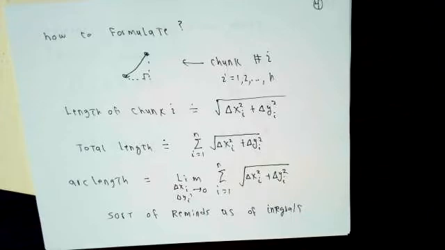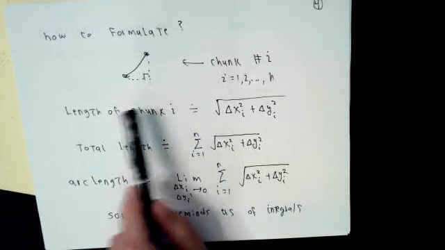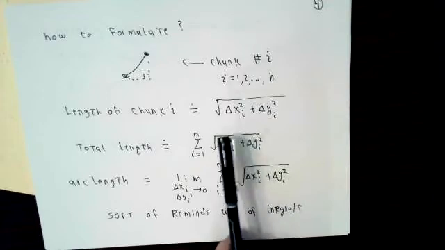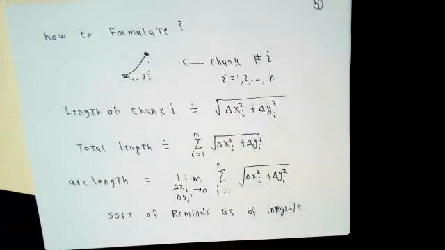So I'm going to follow the same generic setup that we've been following for integrals. I'm going to divide my curve up into n smaller chunks. I'm going to think about chunk number i. I'll call the horizontal displacement delta x i, the vertical displacement delta y i. The length of that chunk is, using the Pythagorean theorem, easy to write down.